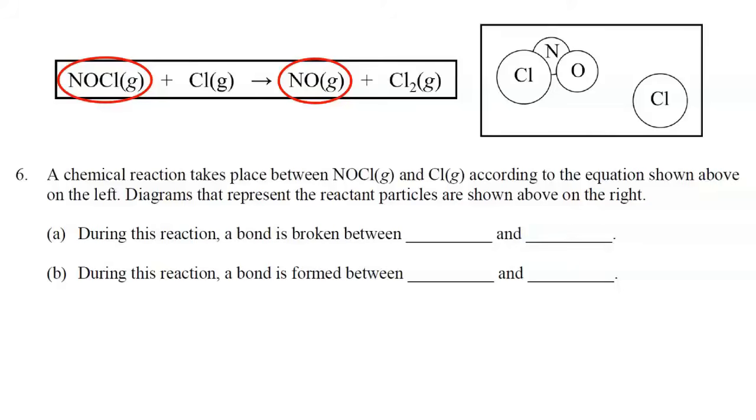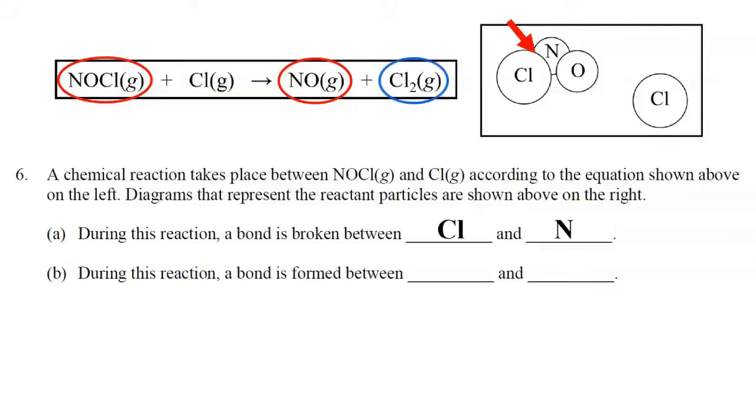So looking closely at this NOCl molecule, if I'd like to form a molecule of nitrogen monoxide, I would like to break the bond in this molecule between chlorine and nitrogen. So right there. So for part A, during this reaction, a bond is broken between chlorine and nitrogen.